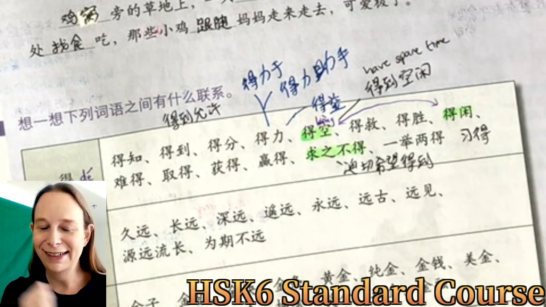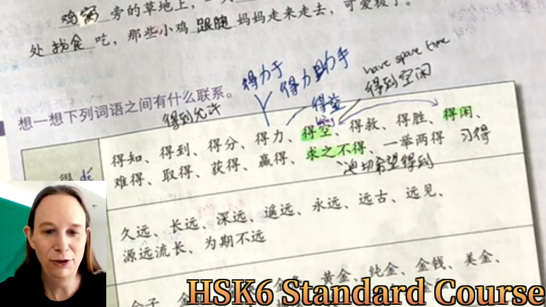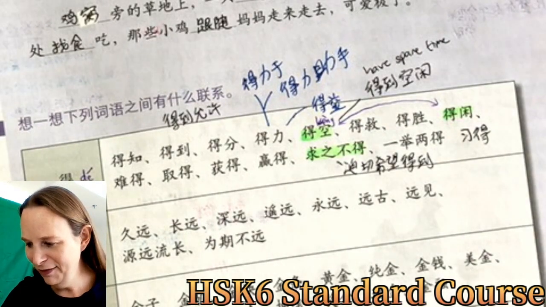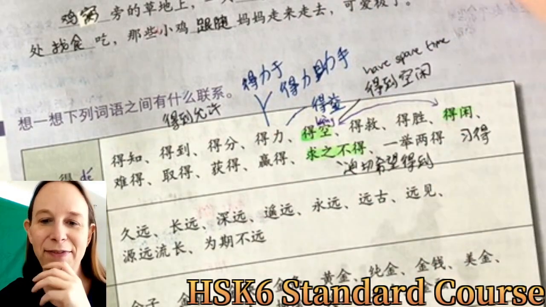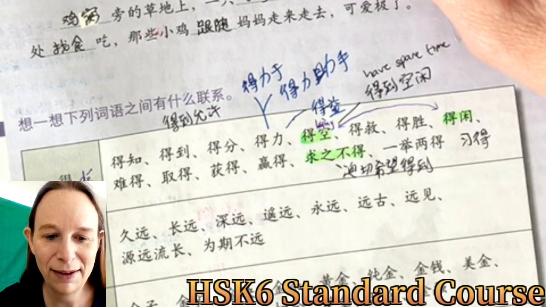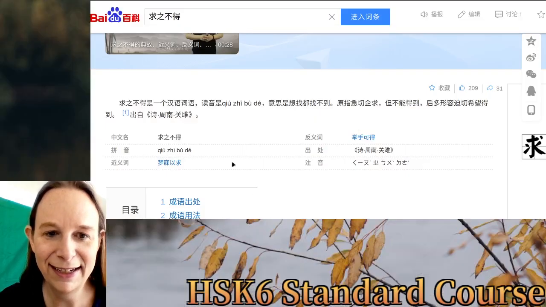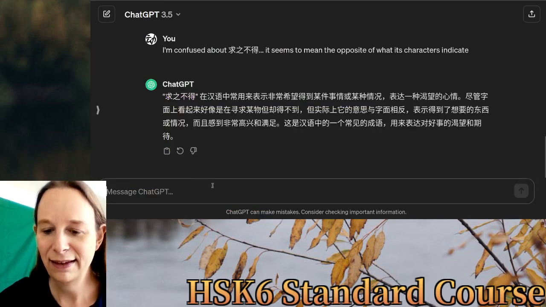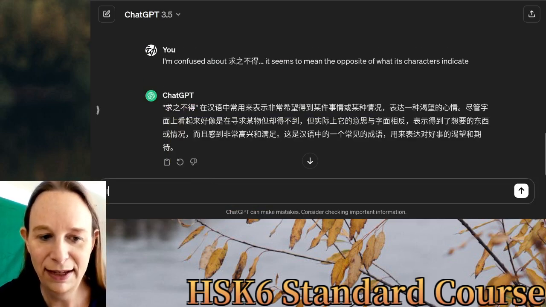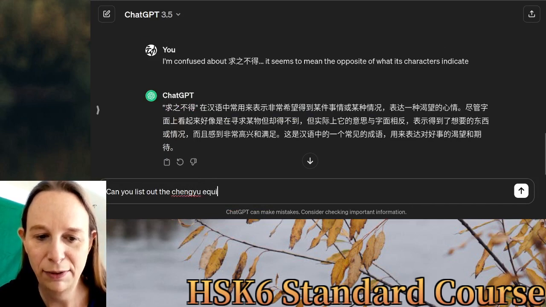Okay, 一举两得. Yeah, this is two birds with one stone. I think I've encountered 4 different versions of this 成语. Maybe ChatGPT can tell me what they are. Can you list out the 成语 equivalent to 一举两得?